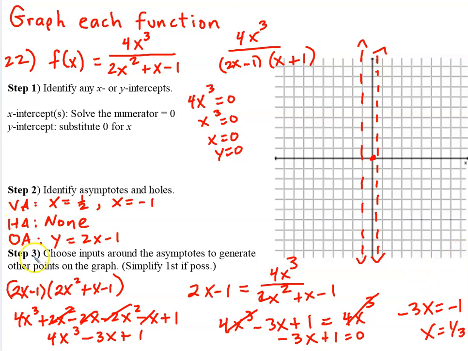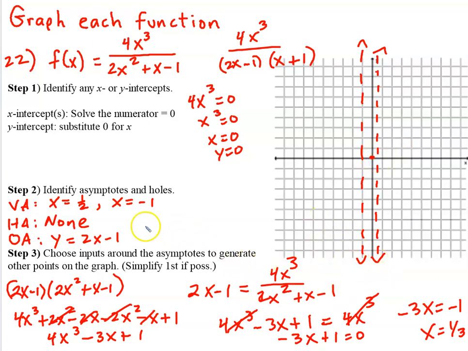So I will be crossing over my oblique asymptote, and where I'm crossing is where x is 1/3. So right in between the origin and x equals 1/2, we should be crossing over our oblique asymptote. And we'll see if that's actually true in just a minute.